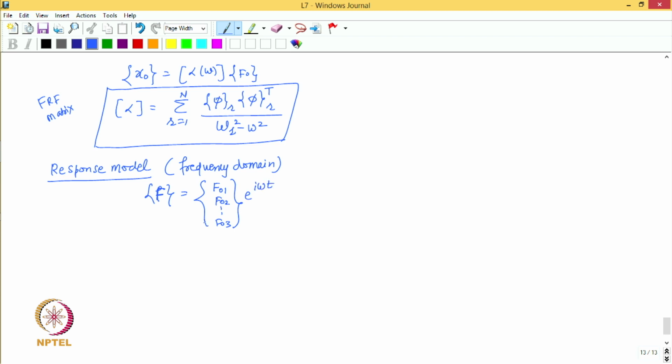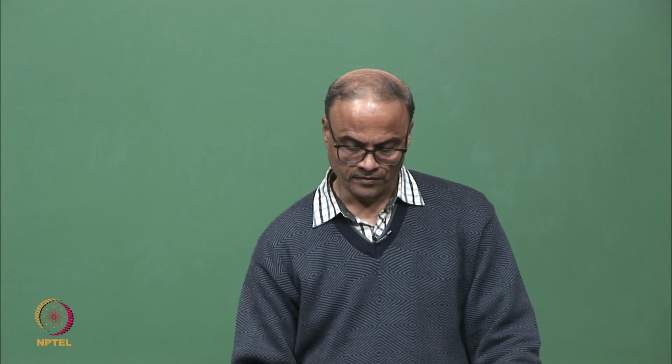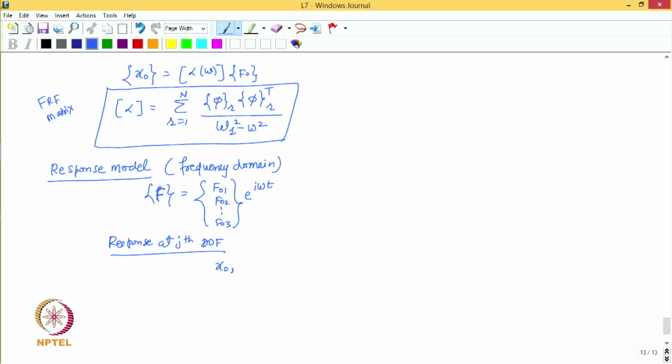Then how do you find out the response based on the FRFs? Let us say I am interested to find the response at the jth DOF when all these forces are acting. So, I write down x j, and this of course is at a certain frequency omega.